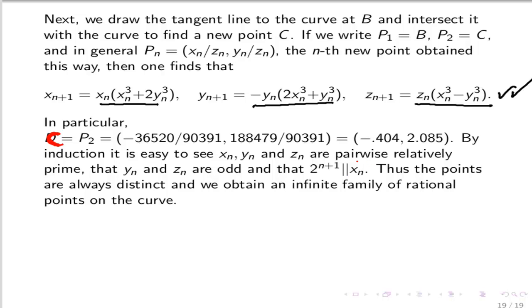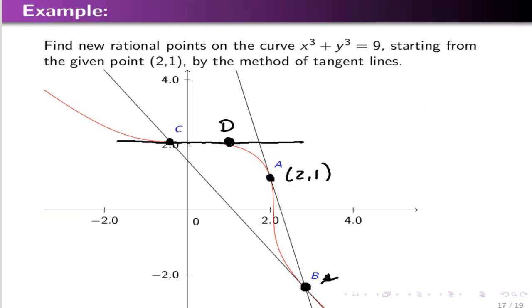And this fact here tells me that we're always going to have distinct points. Every time I go from one point to the next, I'm getting a different multiplicity of 2. And so this is telling me that we have an infinite family of rational points on that curve obtained starting from the given point A. So by just bouncing around, you generate this infinite family of points.